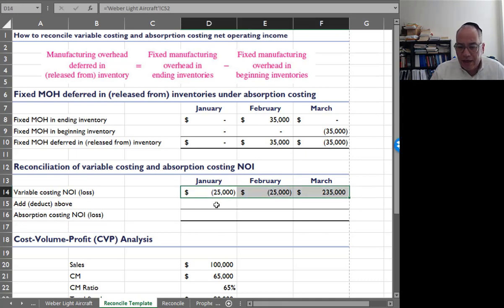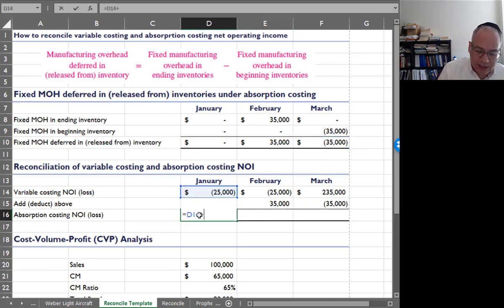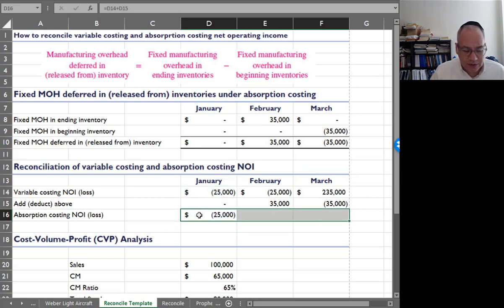And then if I add or subtract this figure, I'm going to get my absorption costing income statement. And you can check this against the numbers that I had for absorption costing. It was a $25,000 loss, if you remember, on absorption costing in January, $10,000 in net operating income in February, and $200,000 in net operating income in March.